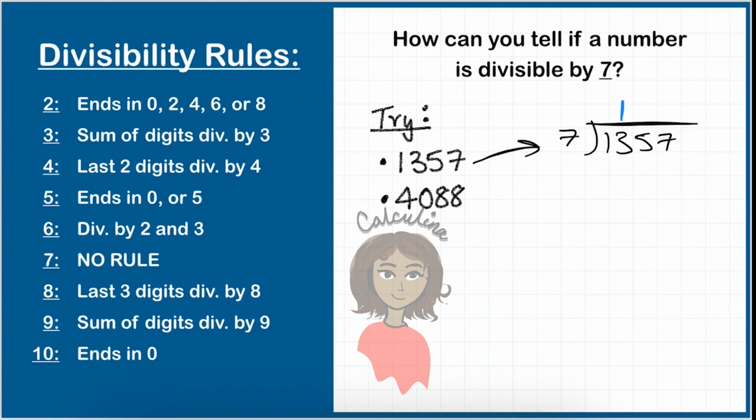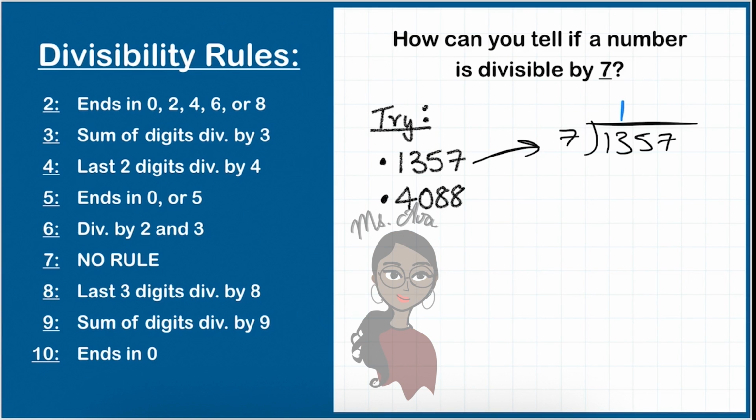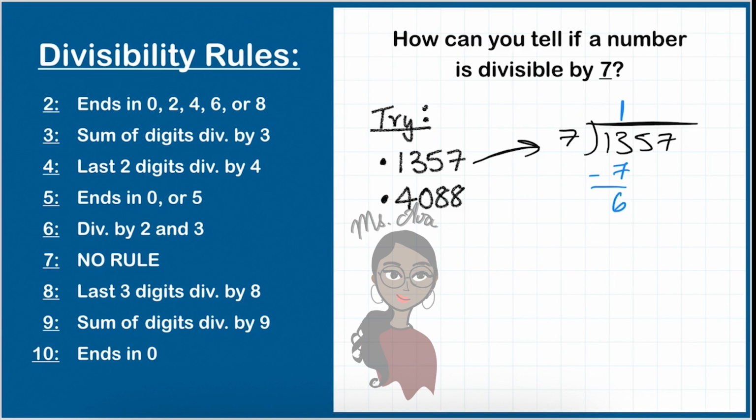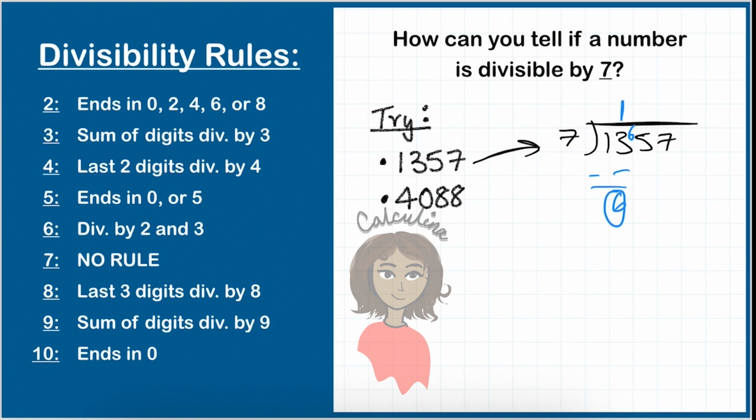Normally you would do 7 times 1 and you get 7, right? And then you'd subtract. What do you get when you subtract there? A 6? Yes, exactly. So the way that I do this shorthand is that I'll write the 6 up here so that now it looks like a 65. Does that make sense? Oh, okay, yeah.